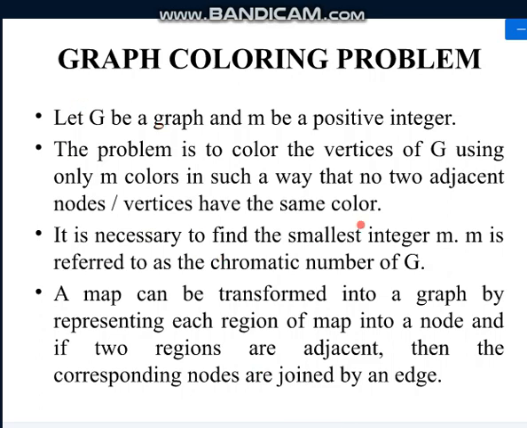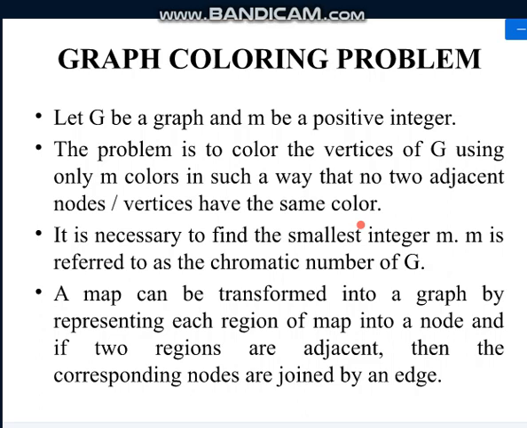Okay, so graph coloring problem, what you are supposed to do in this. So first you will be having a graph. So let us assume that this graph has n number of nodes, and based on the connections between the nodes you have to color each and every node.